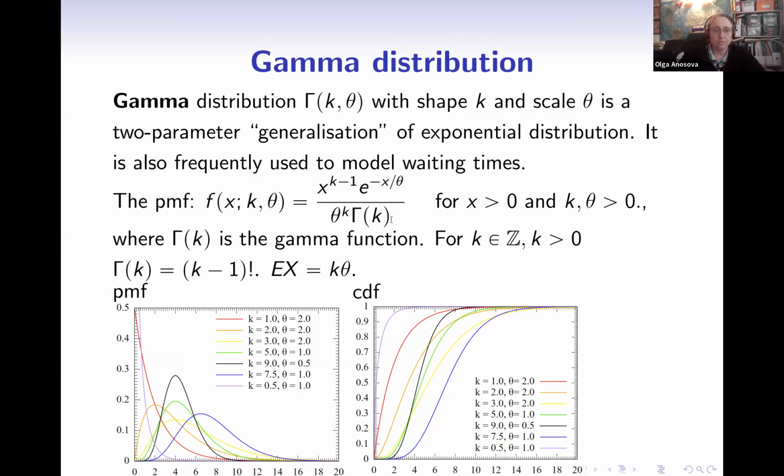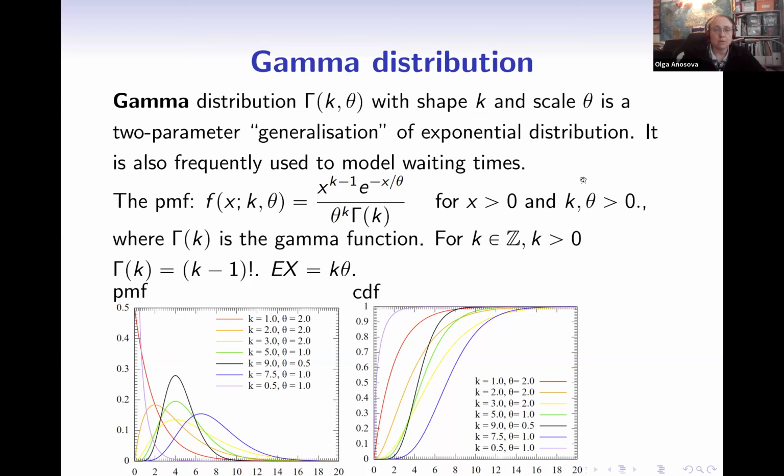And the density is just written in here. And this gamma is the gamma function, and I'm not introducing the formula for it. What is useful to remember, though, is that for positive integers, this gamma function is just the factorial of this number minus 1.